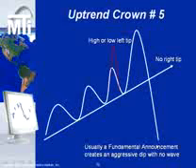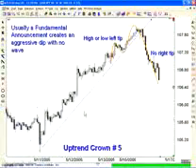Crown number 5, it can be either a high left tip or a low left tip with actually no right tip at all. Usually these crowns are fundamental announcement crowns. It's where the market has been trending in a direction, breaks the trend line, fundamental announcement, brings us to a straight drop, and you have no trading opportunity.